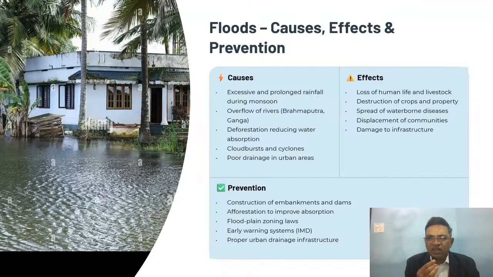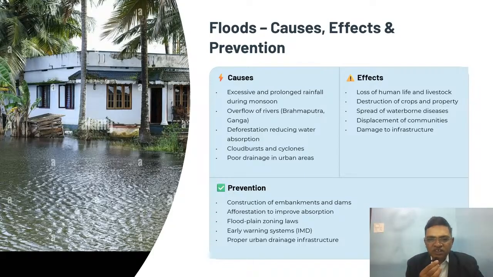So what are the effects of these floods? Loss of human life, people lose their homes, life and livelihood, destruction of crops, spread of waterborne diseases, displacement of communities, damage to infrastructure. So these are the effects of floods. How can we prevent them? Mitigation: construction of embankments and dams.